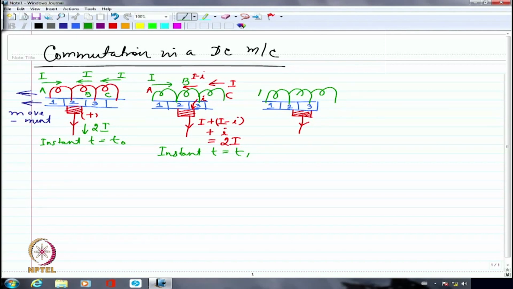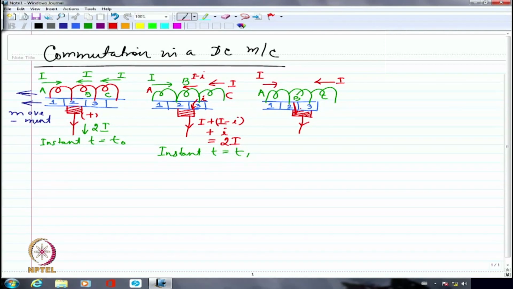Now let me look at the current that is flowing. This is still I, let us say, and what came out of here is I. Let me write the current that is flowing from commutator segment number 2 through the brush to the outside.